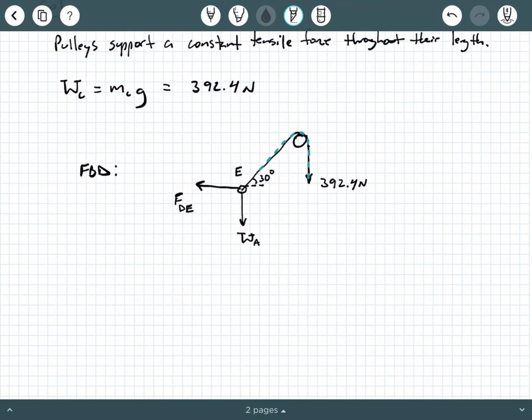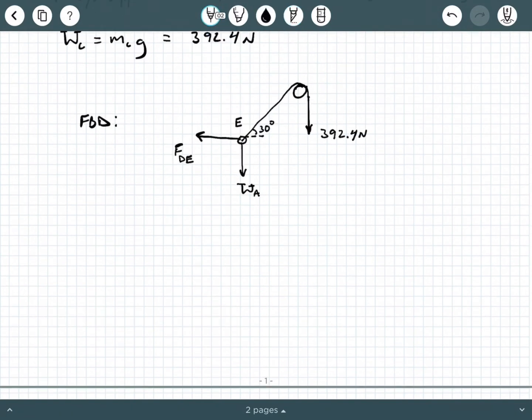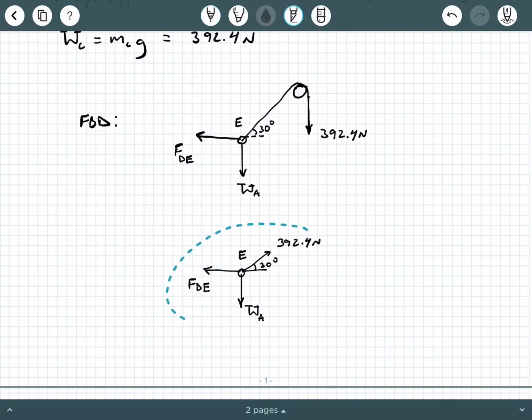So this is our free body diagram of the entire system. Again, because pulleys exert a constant tensile force throughout their entire length, we can further simplify this as the following free body diagram: 392.4 newtons at 30 degrees, the weight of A that we don't know, and then FDE, which we also don't know.